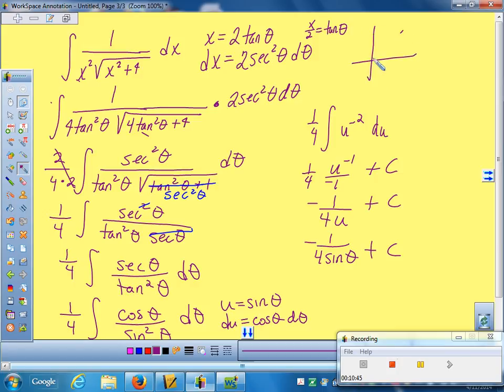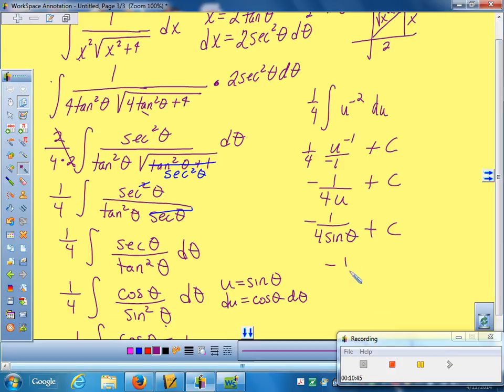And so I know that's opposite over adjacent, and I would get, by the Pythagorean theorem, the square root of x squared plus 4, which is the original thing we had. Awesome. So if you look up sine in the picture and fill it in, you're there. Sine out of the picture is opposite over hypotenuse.